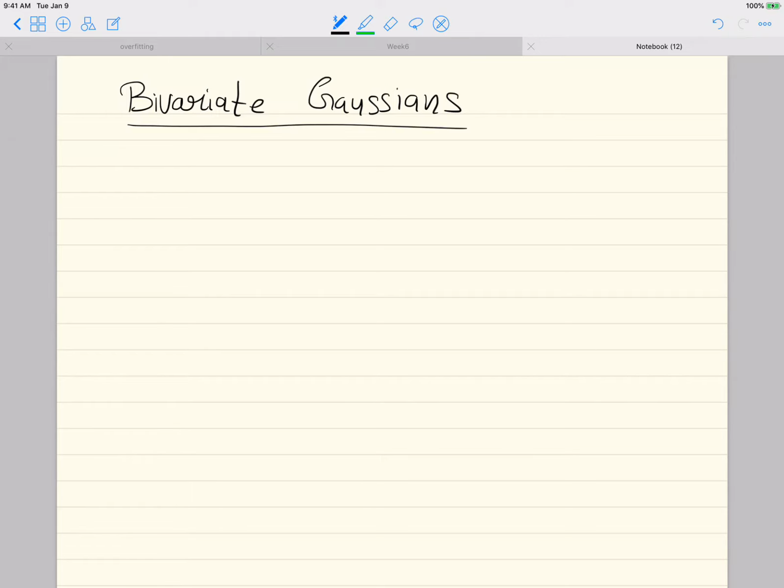What's a bivariate Gaussian? Well, suppose x1 is a random variable which is Gaussian with mean m1 and variance sigma 1 square, and x2 is a Gaussian with mean m2 and variance sigma 2 square.